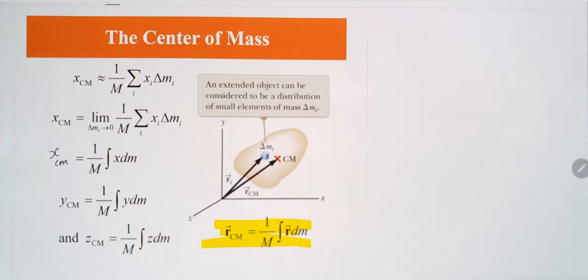But you need to know that if you have an object, you can calculate its center of mass by integrating the vector r with respect to the mass.